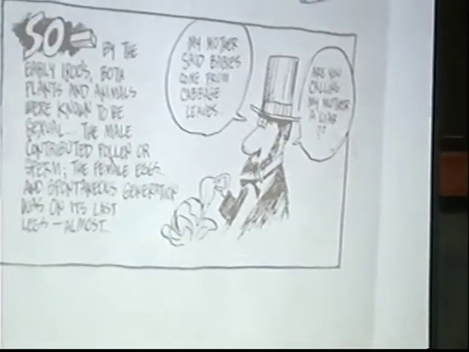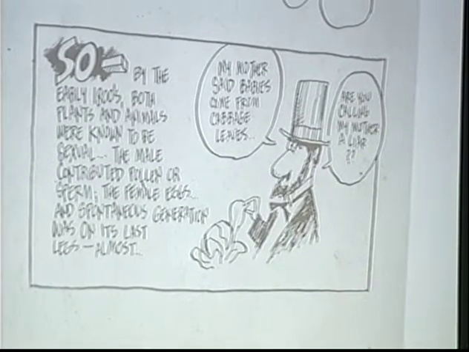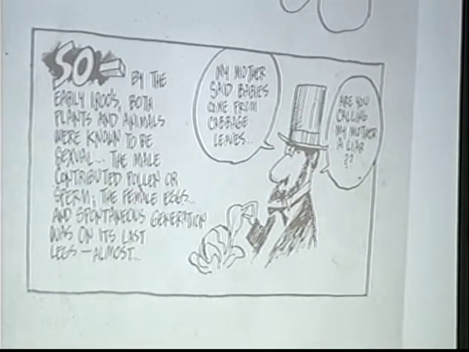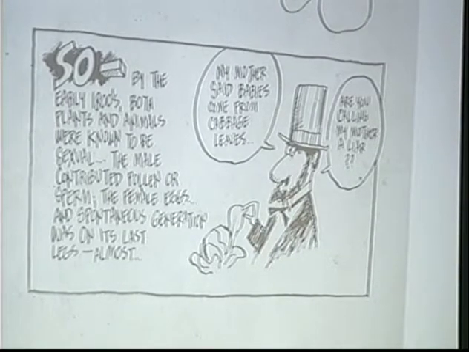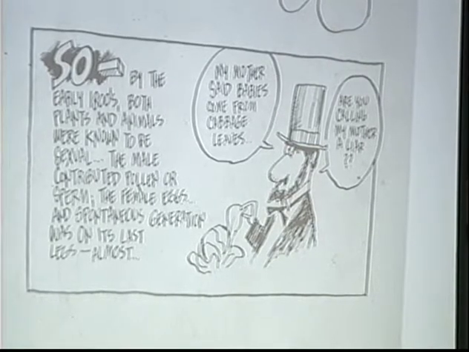All right, so by the early 1800s, plants and animals were known to be sexual. Males are contributing sperm, females are contributing eggs. It was thought that that was an equal contribution from both parents. 1800s, I mean, think about this. It was way back in the 1600s that Francesco Redi showed that spontaneous generation didn't work.